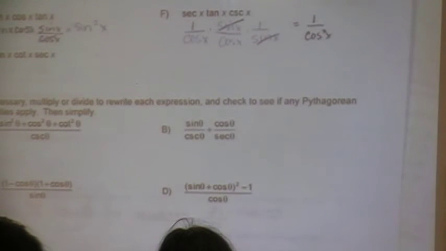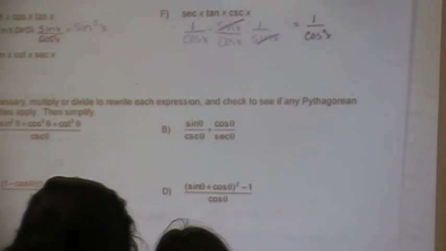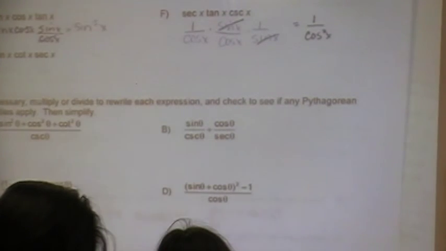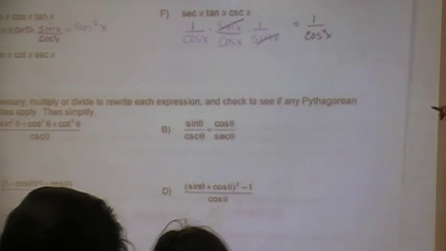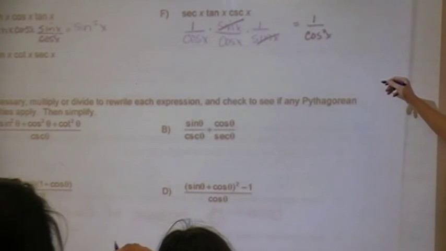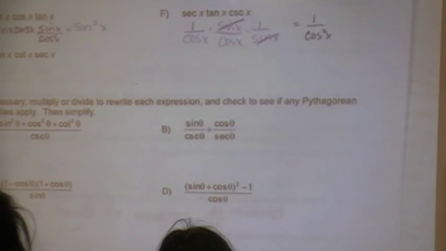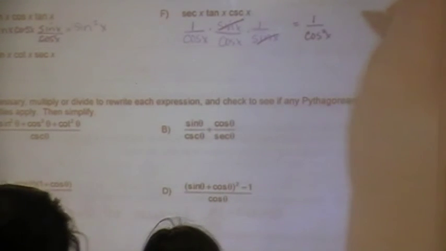Back before the Inspire, we would have left it like that, because this calculator doesn't have the other 3 ratios on it, so we would have had to have it in terms of sine, cosine, or tangent. But if you have the Inspire, you could change that to secant squared x, and you can solve that way.